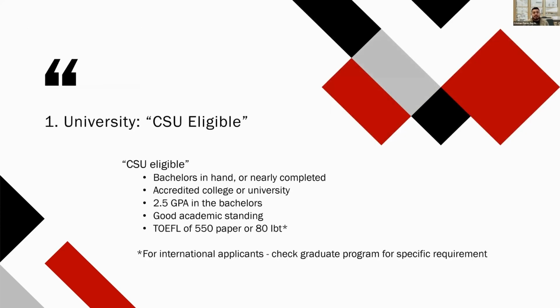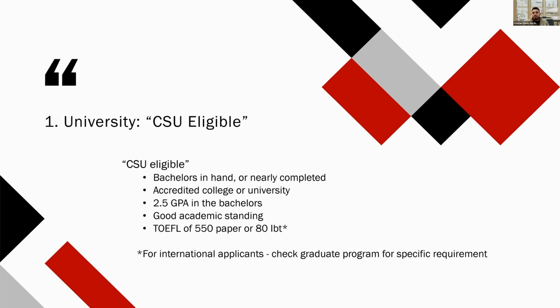Just to summarize everything I just said, to be CSU eligible: a bachelor's degree in hand or nearly completed from an accredited college or university, and a 2.5 in your bachelor's degree or the last 60 units or last 90 quarter units. Good academic standing. For example, you might have a 2.5 GPA in your bachelor's degree because at your community college you were obtaining a 4.0, but your Cal State Fullerton GPA is like a 1.5.